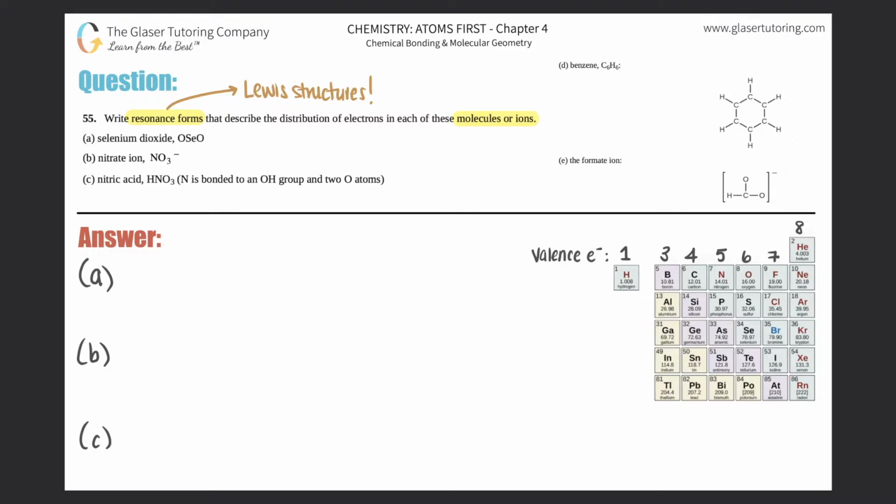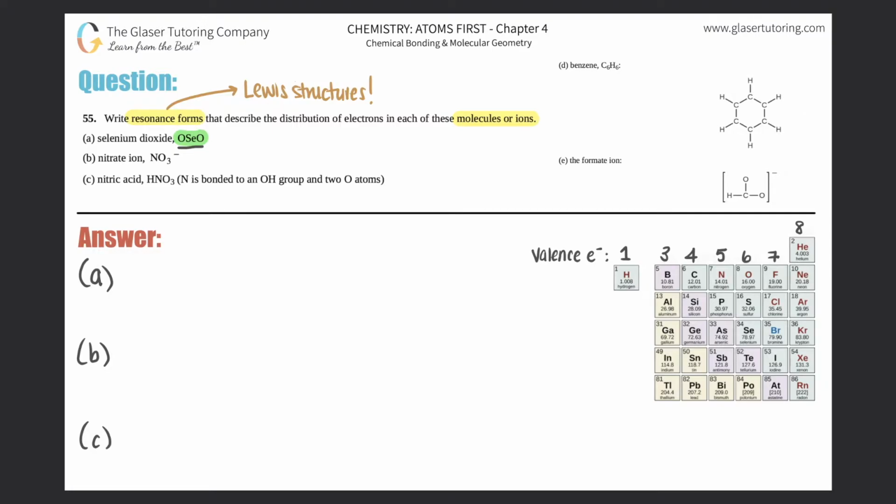so that we can discuss resonance more in depth. All right, so for A, they want the resonance forms for selenium dioxide, which is OSeO. Here, they're giving you the structure of what this compound actually looks like. It looks like there's an oxygen on the left, a selenium in the middle, and an oxygen on the right.